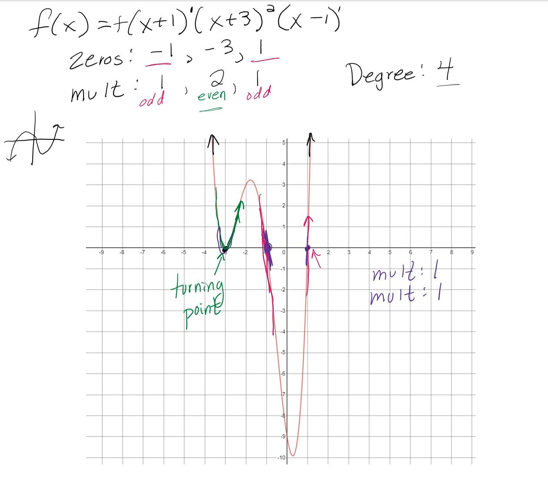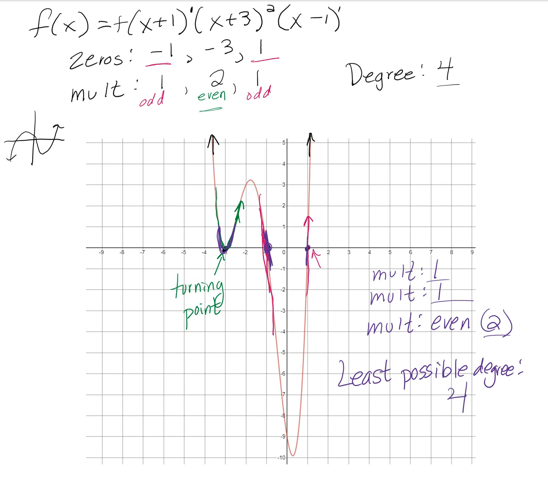This point right here is a bounce, so that multiplicity has to be even, and the smallest even number is 2. So if I wanted to ask what our least possible degree was here, I would have to say this would be 1, 1, and 2. So our least possible degree would have to be 4.